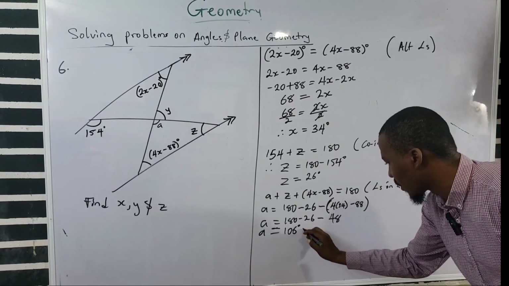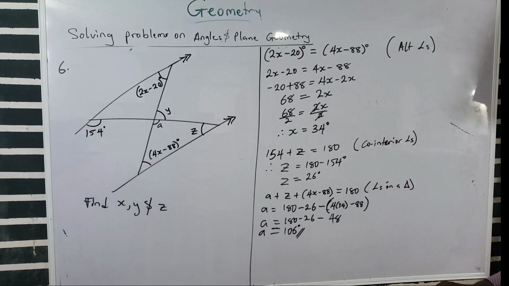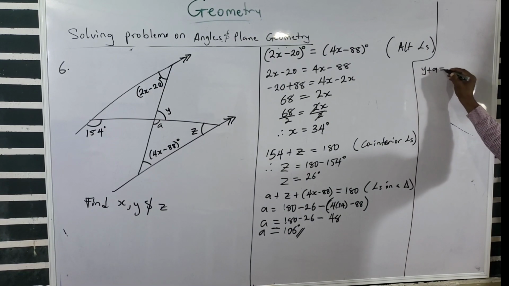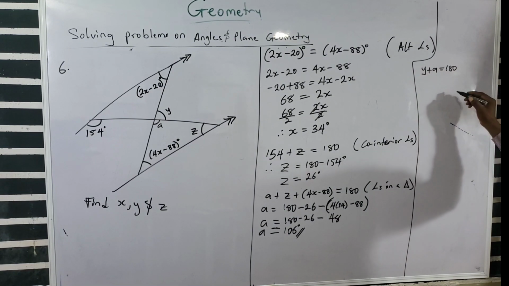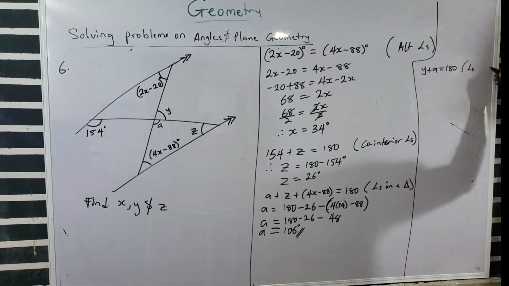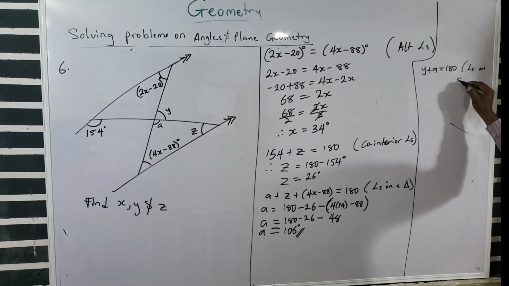106 degrees. So if you have gotten your 106 degrees, then y plus a will give us 180 degrees, reason being angles on a straight line.